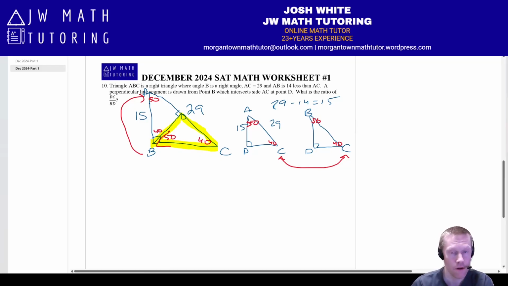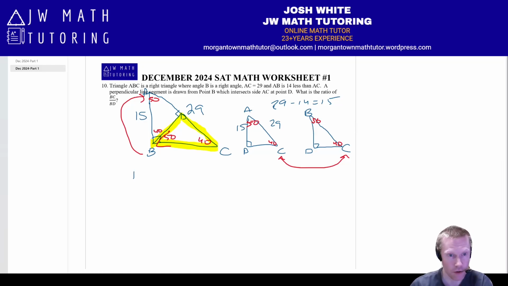Okay? So now that I have these lined up, it should be easy to see that the ratio of BC hypotenuse to BD leg is just going to be equal to the same ratio as AC hypotenuse to AB leg.